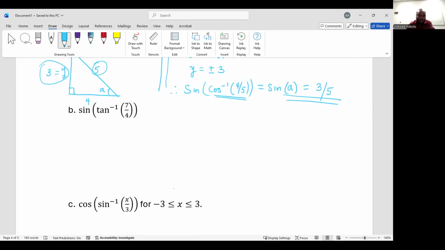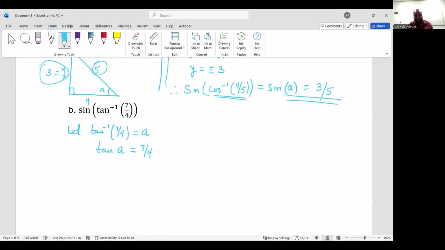What about this? We do the same thing. We say let tangent inverse of 7 over 4 be some value, call it A. It means tangent of that angle is 7 over 4.